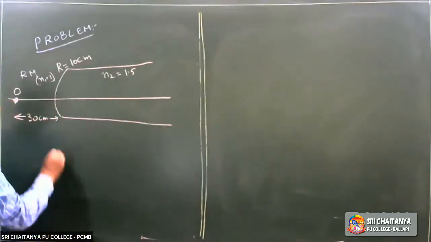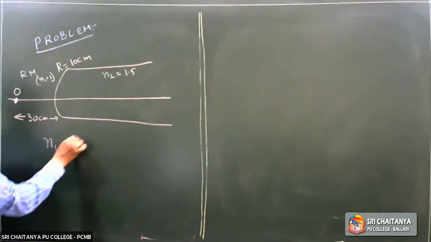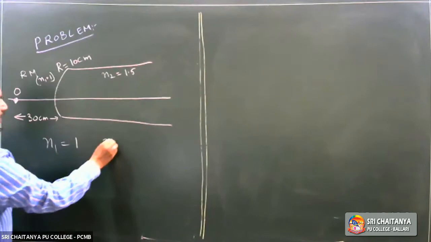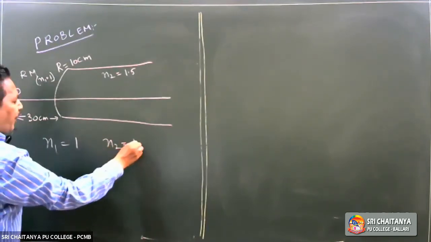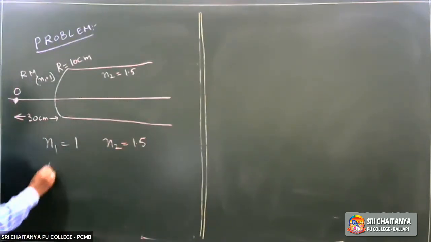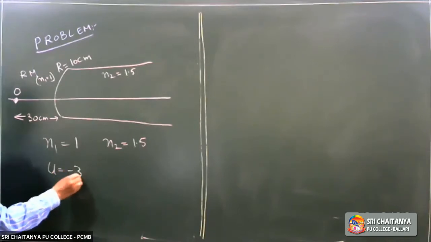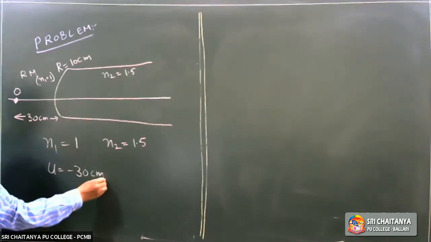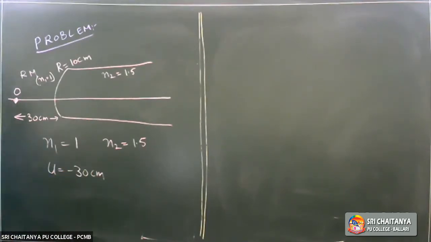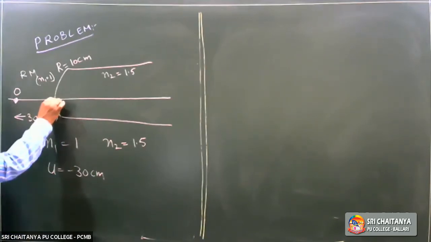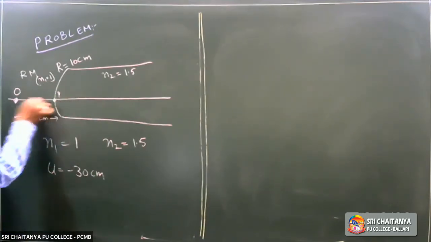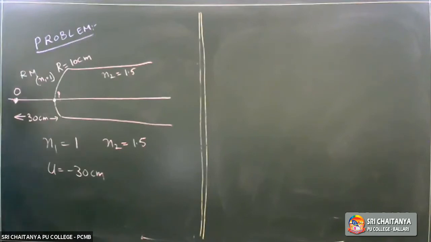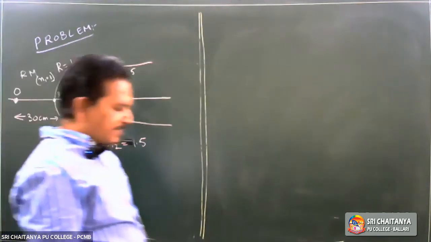Therefore, data: N1 is equal to 1, N2 is 1.5, U value is minus 30, as per sign convention. This is the pole, P to O is opposite to the direction of the light ray.